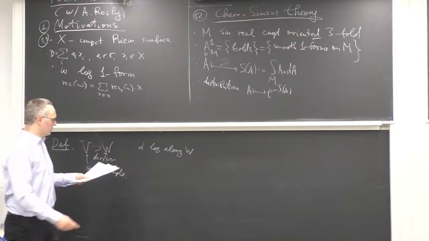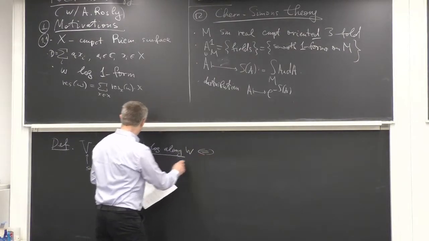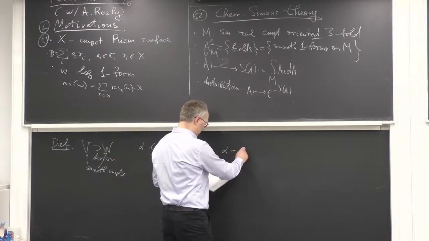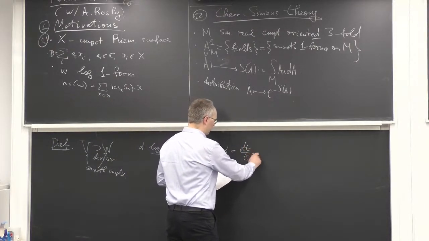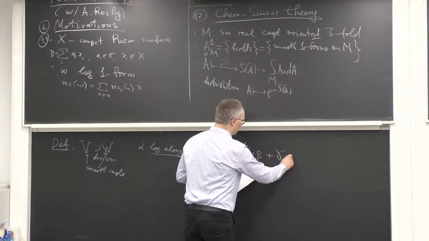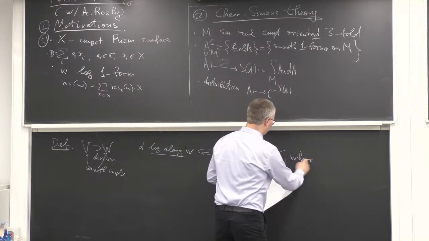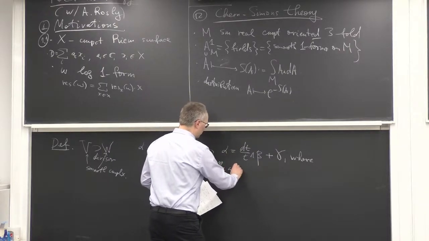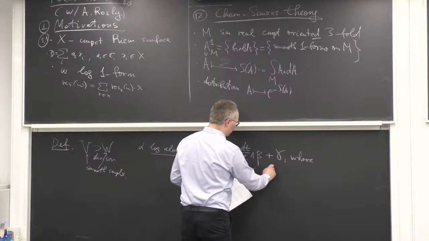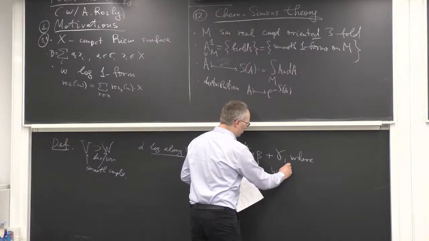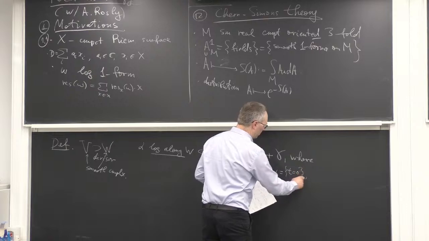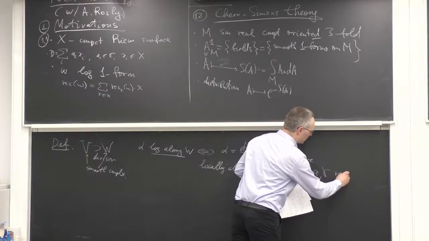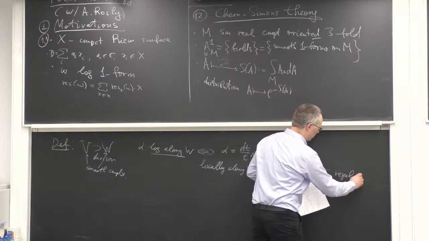It means that locally you can represent it as dt over t, I will explain, wedge beta plus gamma, where all this happens locally along the divisor W, so W is given as t equals 0, which is the local equation of W, and beta and gamma are regular, that is, do not have poles along W.